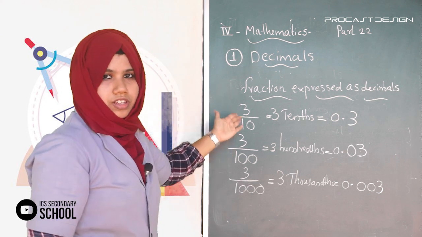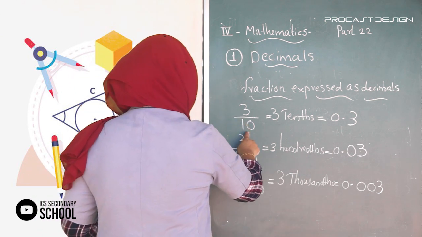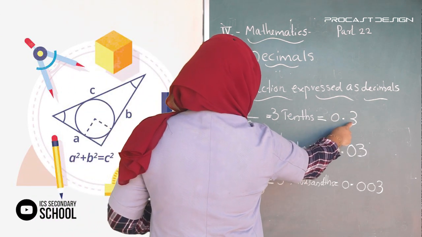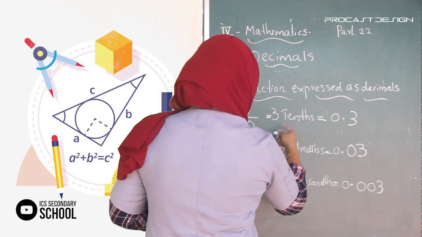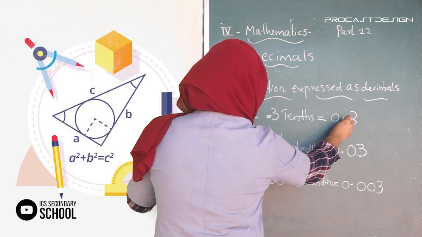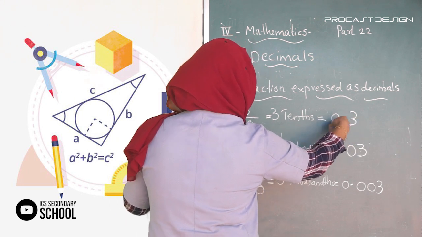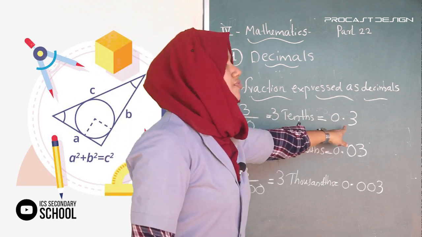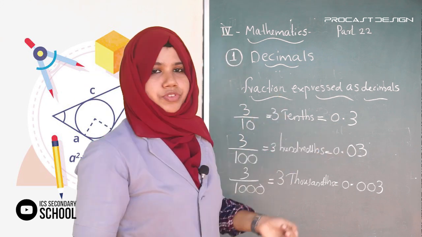So is it clear? First, 3 by 10: the denominator has only 1 zero, so we put the decimal point 1 digit left of the numerator.